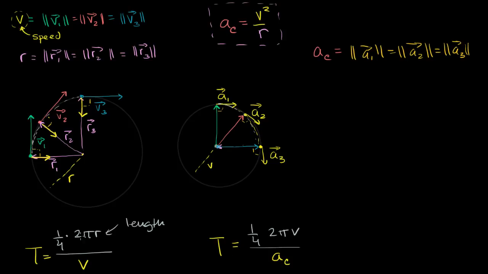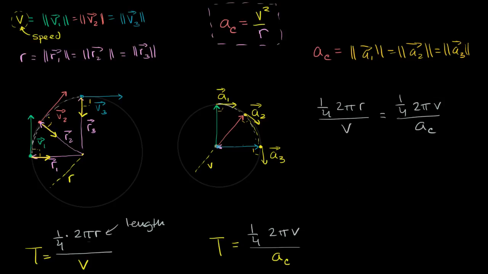And these times are going to be the exact same thing. The amount of time it takes for the position vector to go like that is the same amount of time it takes the velocity vector to go like that. So we can set these two things equal to each other. On this side we get 1/4 2 pi r over v is equal to 1/4 2 pi v over the magnitude of our acceleration vector.